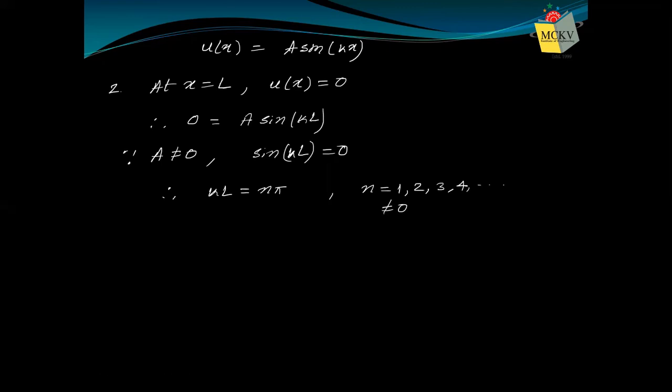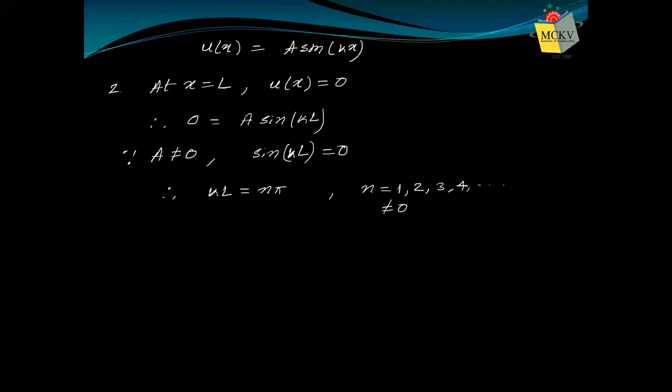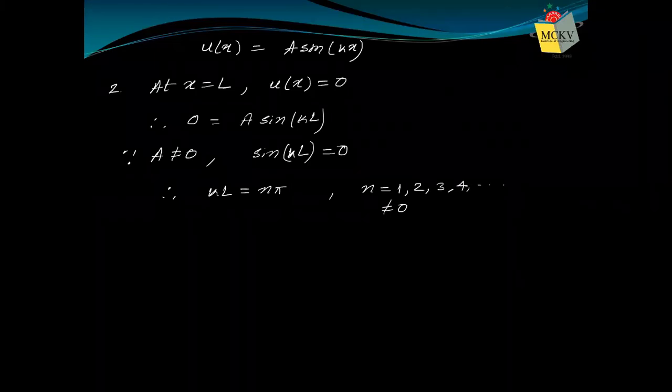By understanding it physically, we are imposing that n can be any integer except 0. Why am I giving that restriction? You observe, if I say n is 0 here, then k is 0. Because kL equals n pi, and L is not 0. We know there is a length of that box. So k must be 0 if n is 0.